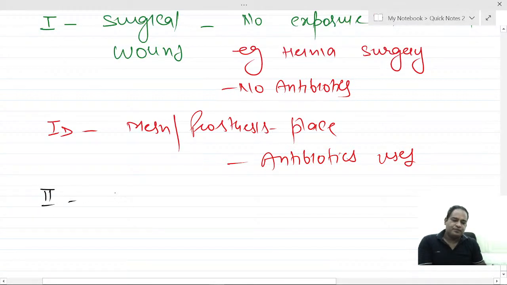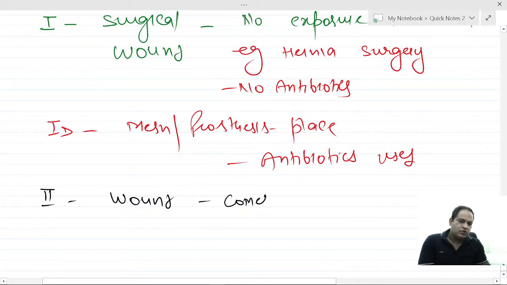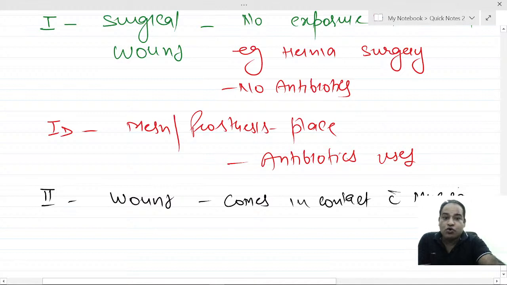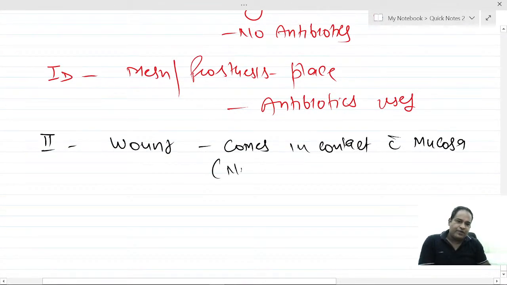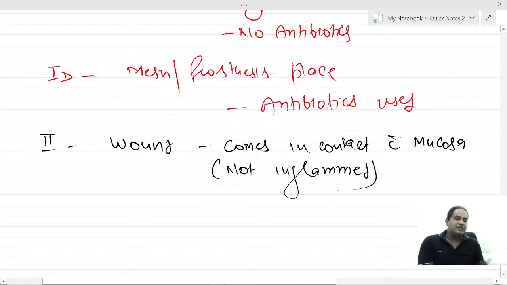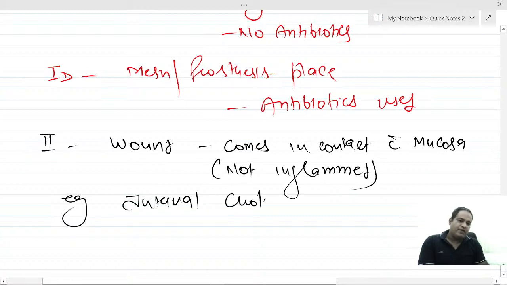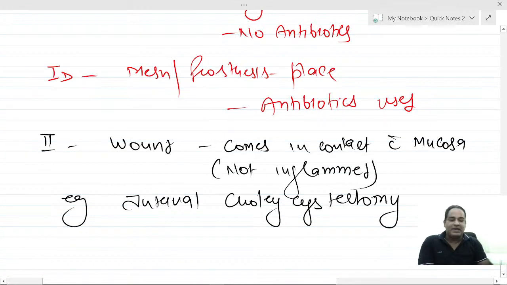Class 2. I am trying to tell you in simple language. The wound theoretically comes in contact with mucosa which is not inflamed. For example, interval cholecystectomy.